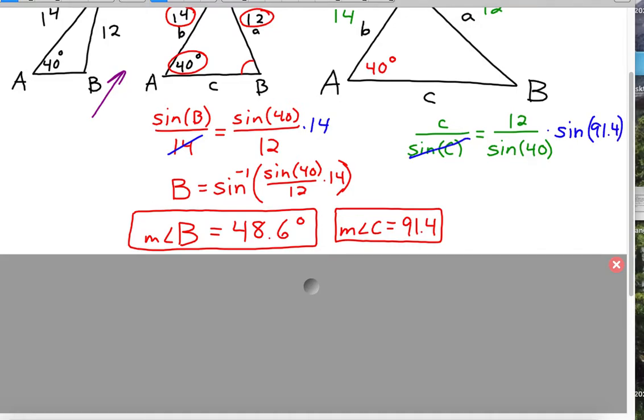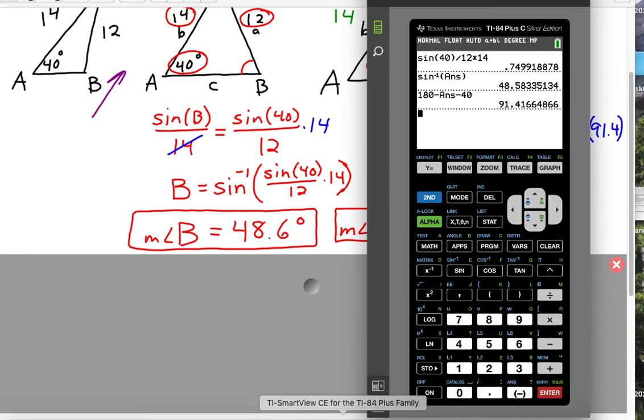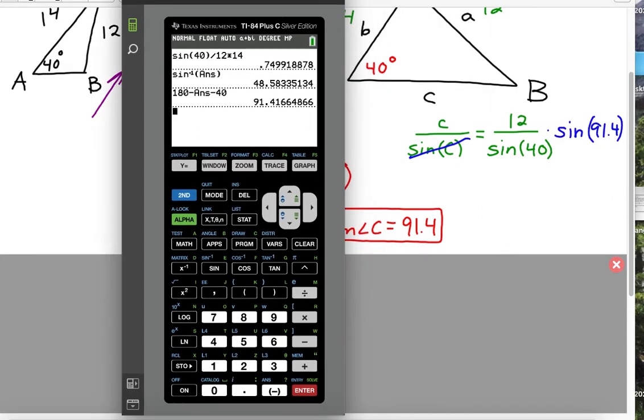And then grab the calculator, and that will give me my answer for side C. A lot to keep track of here. 12 divided by sine of 40 times sine of 91.4. I get 18.663, so to the nearest hundredth, 18.66.